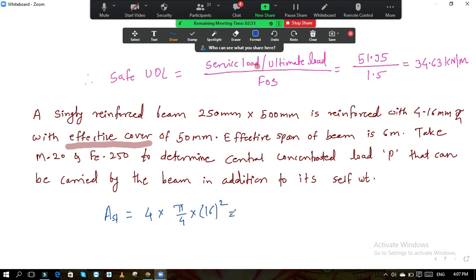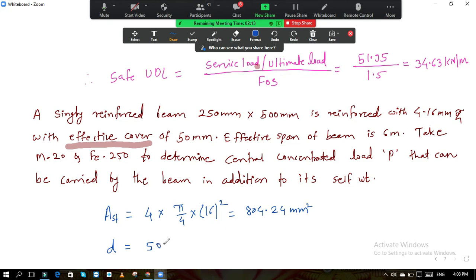What is the value of AST? 804.24 mm square. So this is our area of steel. Now after calculation of the area of steel, we will calculate the effective depth. So effective depth small d is equal to, what is our overall depth?